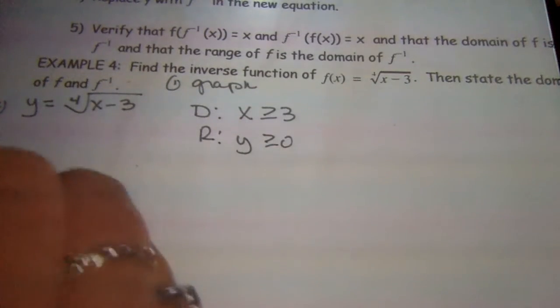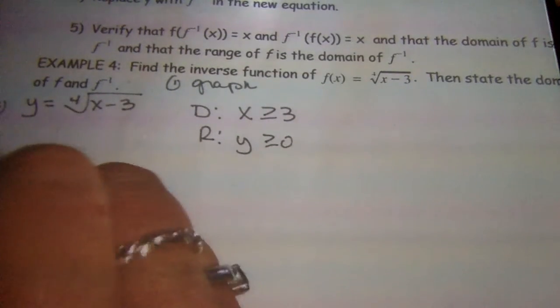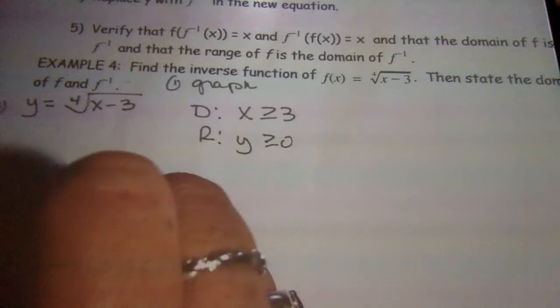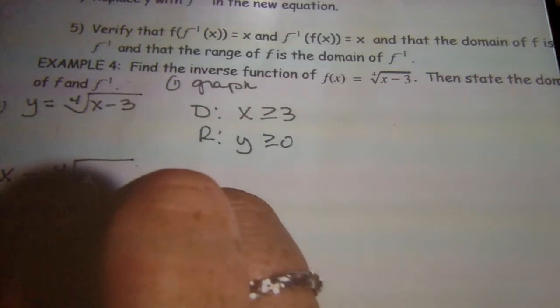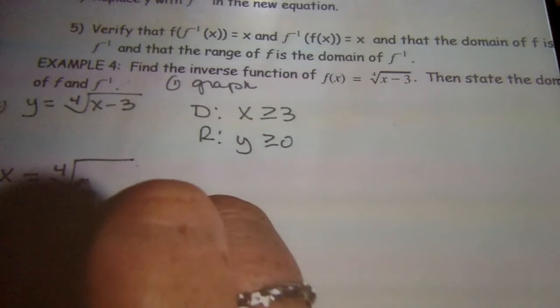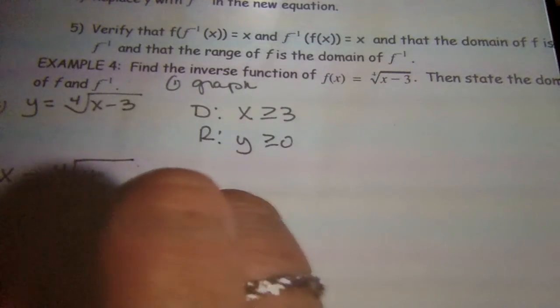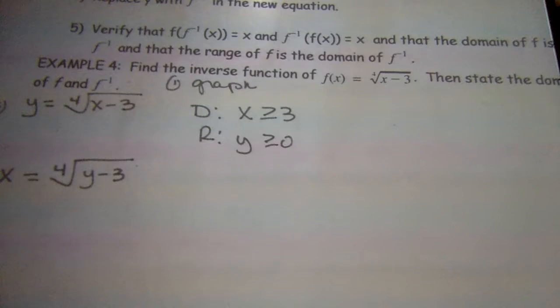So number 3, switch the x's and the y's around. And we need to solve for y. How do I solve for y?